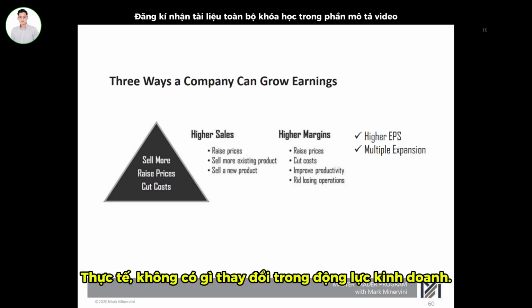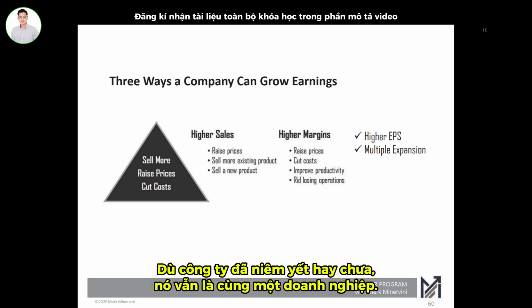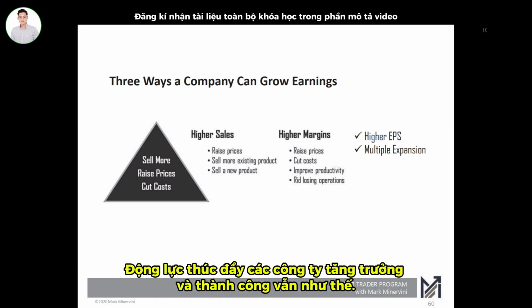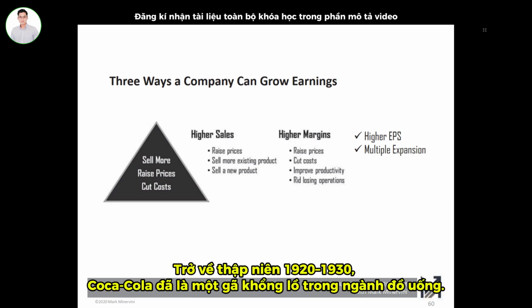Yeah, nothing has really changed. There's no special set of business dynamics that are different because a company is public versus not public. It's the same business dynamics that drive a company to grow larger and to be successful. If you go back to the 1920s and 30s, Coca-Cola was like Monster Beverage today.